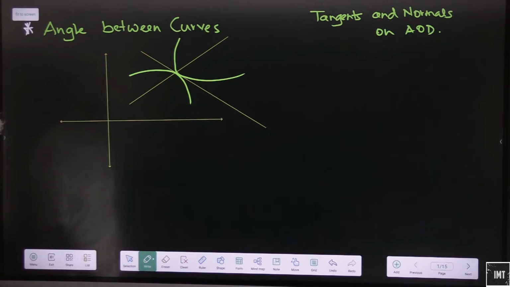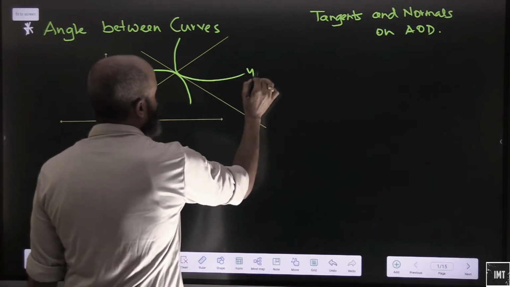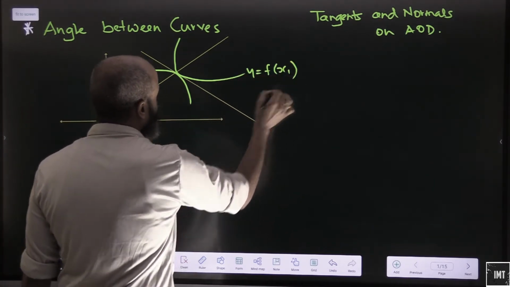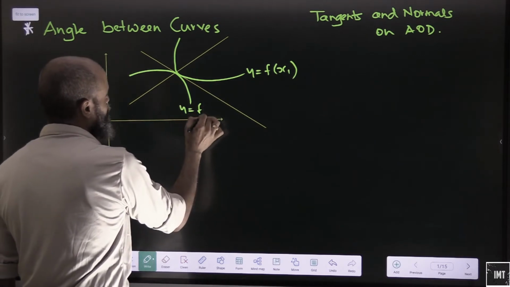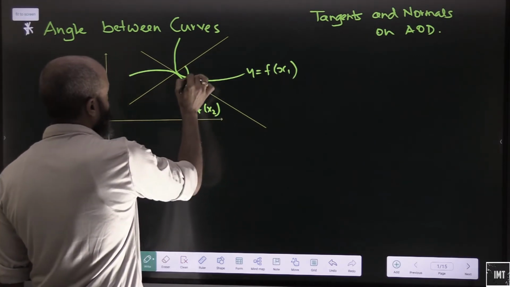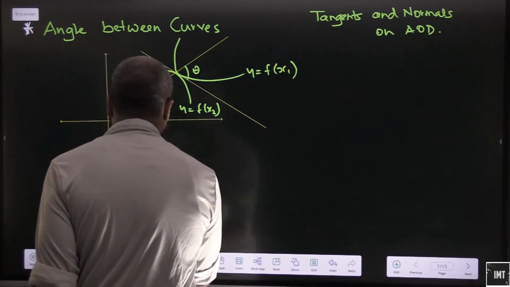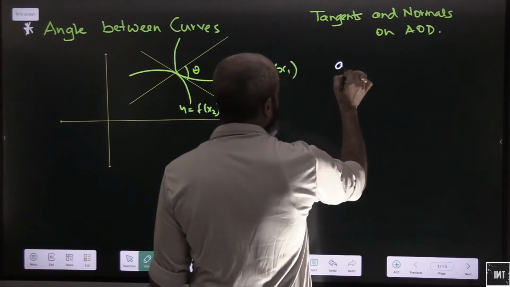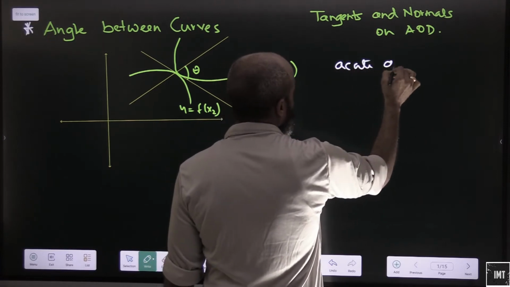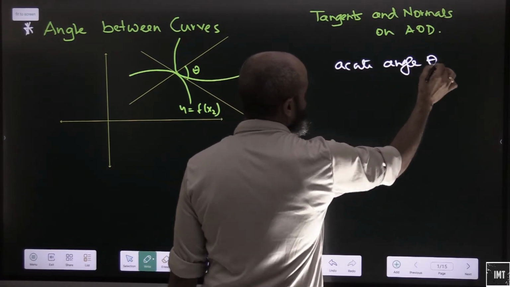Let's say this is y is equal to f1(x) and this is y is equal to f2(x). There will be an angle between their tangents. Let's say this is the acute angle theta. We will talk about the acute angle theta between them.